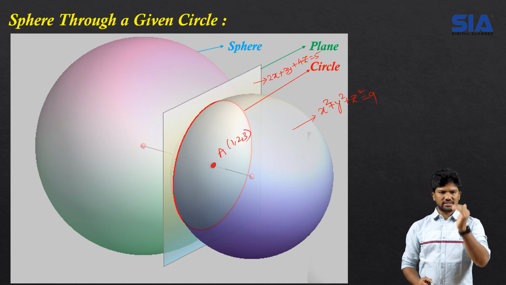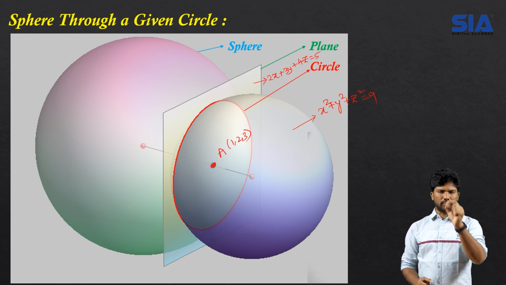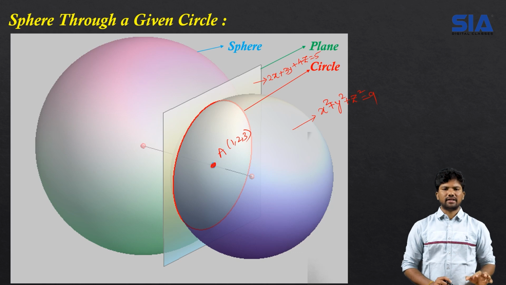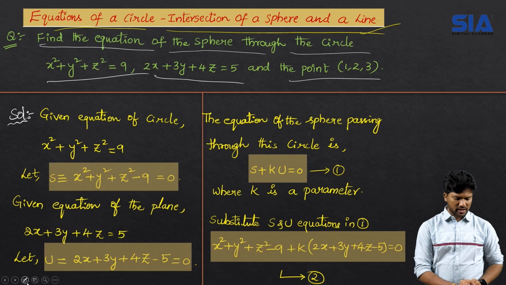Just imagine in 3 dimensions, the required sphere passing through a circle and passing through one point. So this is the diagrammatical representation of the entire problem. Now we can start the solution of the problem.